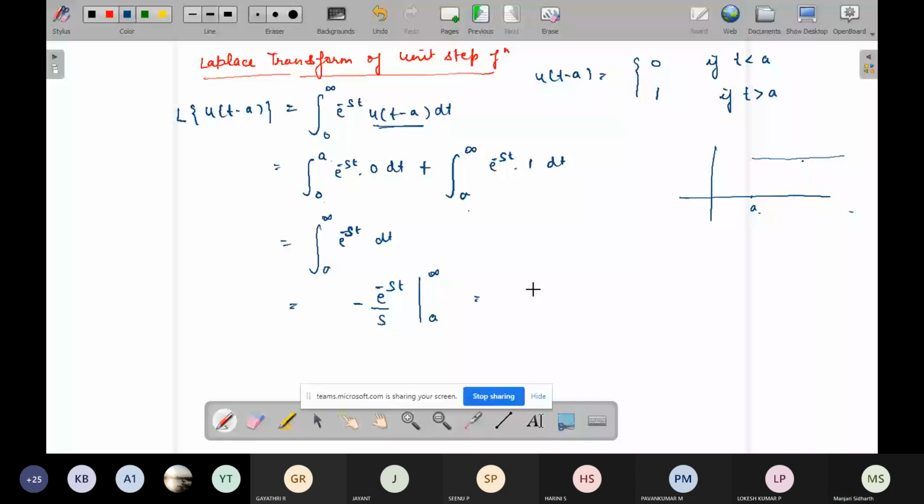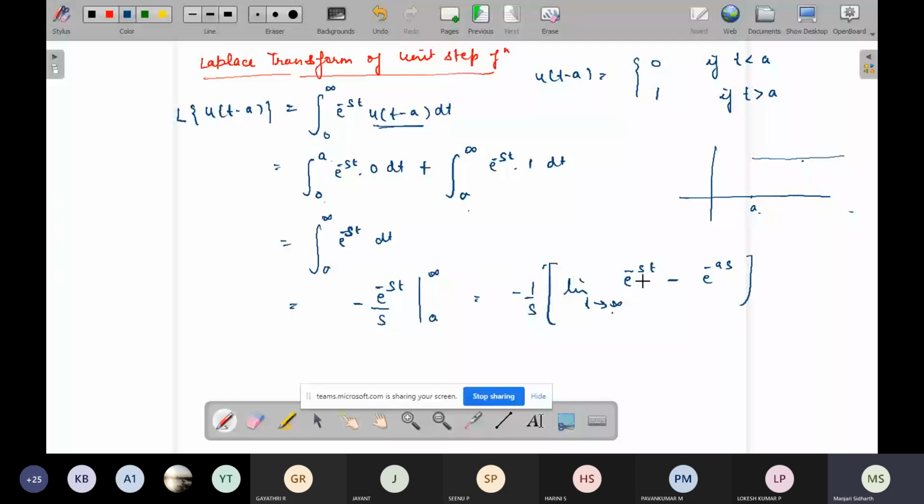So upper limit, t tending to infinity, e power minus st, minus the lower limit, e power minus st, substituting a for t, that means e power minus as.